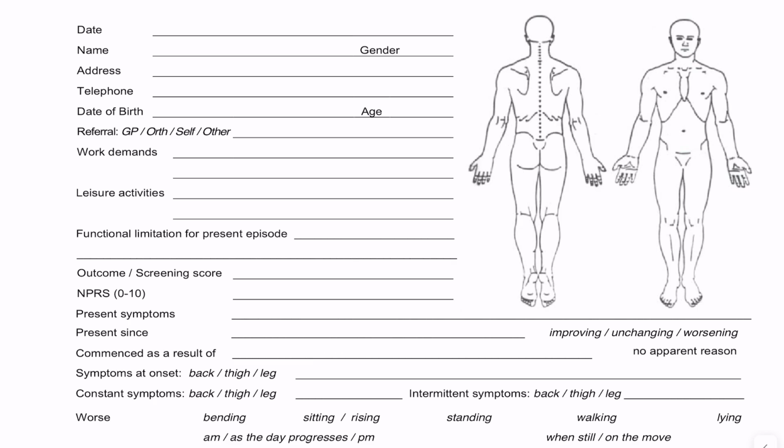The next piece here, this functional limitation, this is important because it defines a gap. And that is a huge piece of justifying physical therapy. If somebody were to say prior to the onset of this condition, they were able to do certain things, and now they are not.